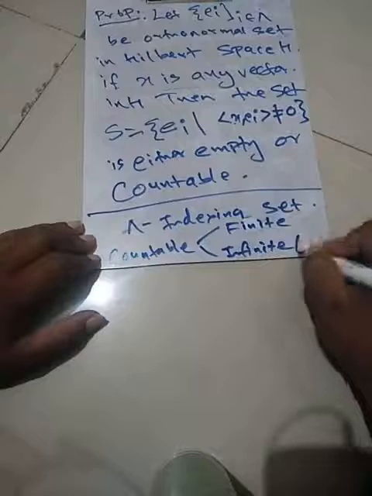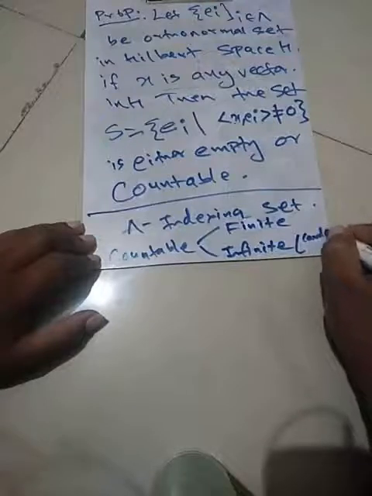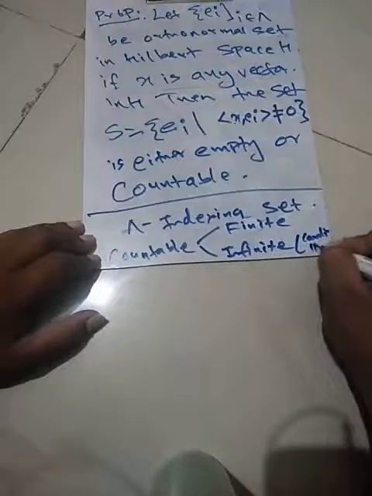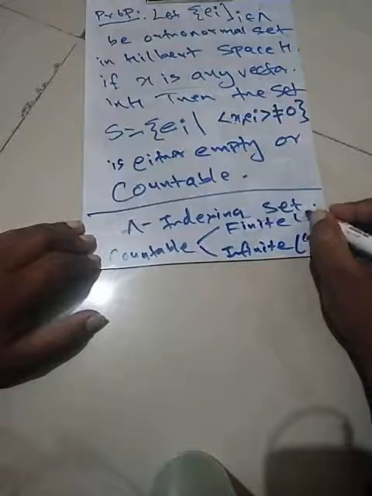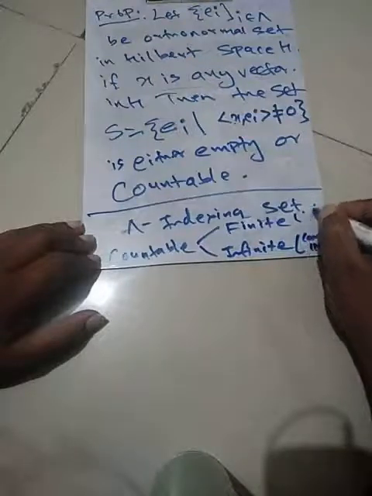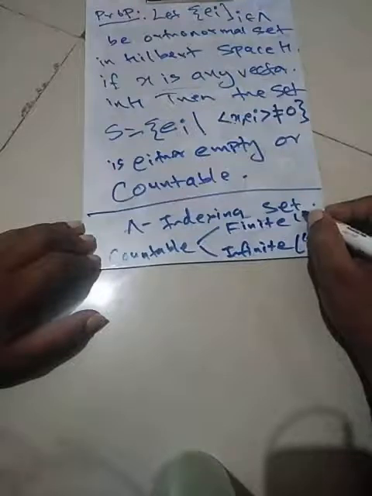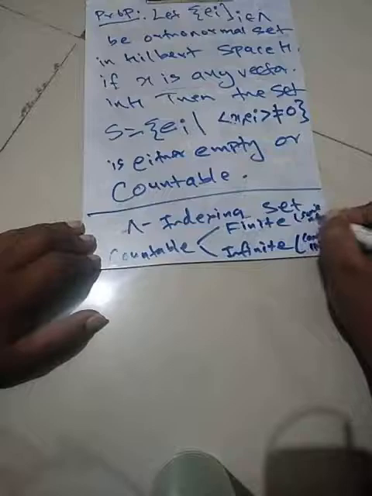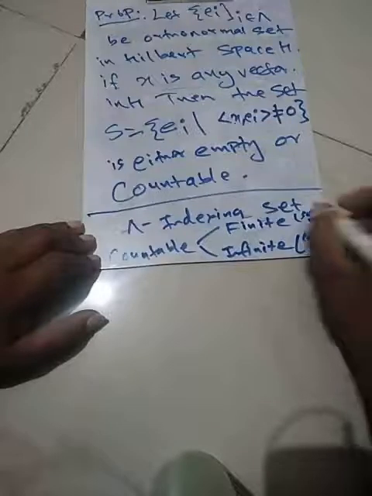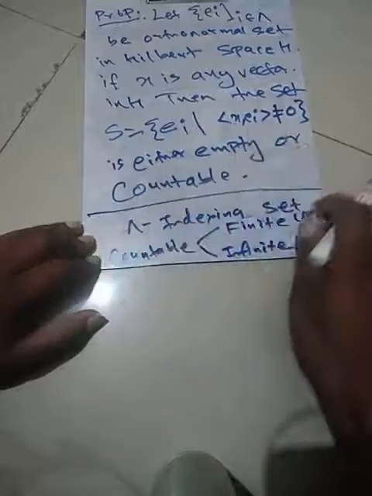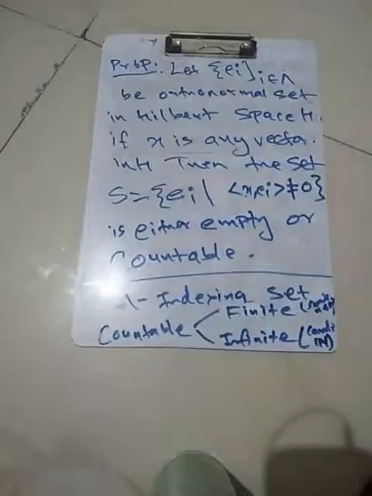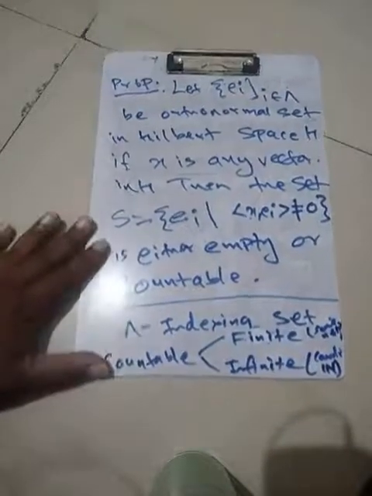That is, the cardinality of S is some n belonging to the natural numbers, and this is finite countability, a finite set. Or S is empty, containing no elements. So let's try to prove this fact.